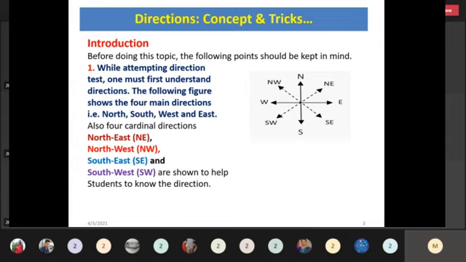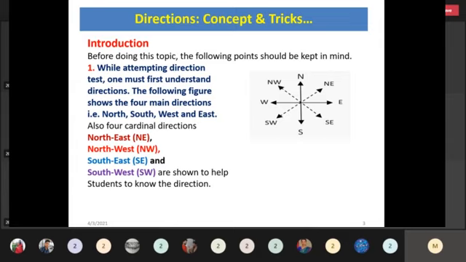In addition to that, there are also 4 cardinal directions: northeast, between north and east. The next one is northwest, between north and west. Then southeast, between south and east. Then southwest, between south and west, shown to help students know the directions.